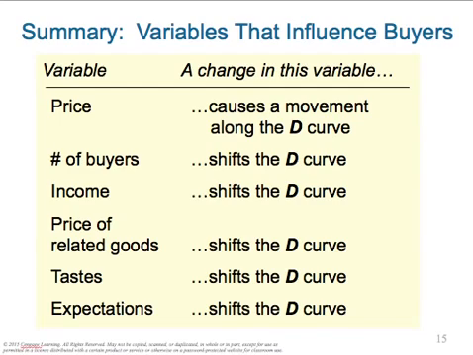If the variable causing the demand to change is measured on one of the axes, you move along the curve. If the variable that causes the demand to change does not appear on either of the axes, then the curve shifts. So remember, we had price on the vertical axis and quantity on the horizontal axis. If it's something other than price or quantity, it's a shift in demand and not a movement along the demand curve.